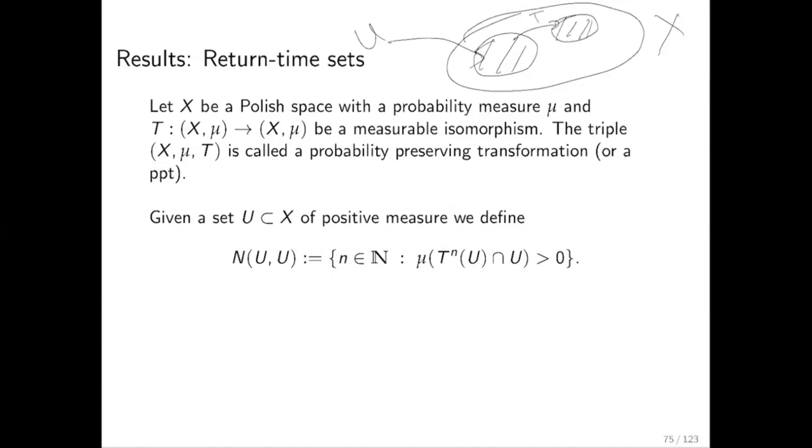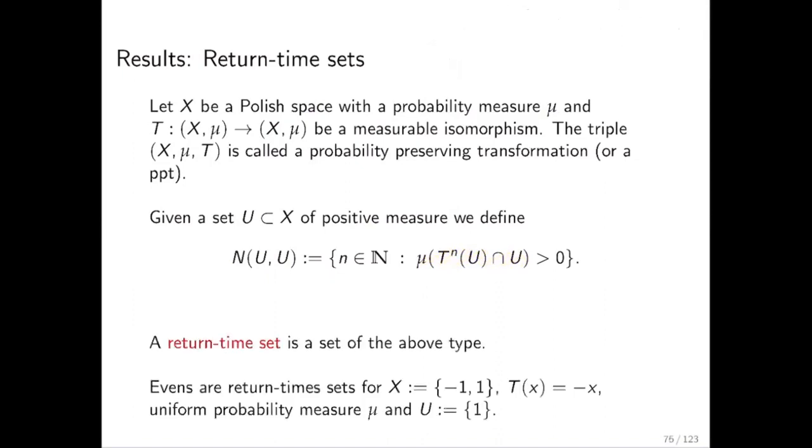This need not be invertible, but let's assume it's invertible. And I keep on moving this, and I ask for the times when I land on this set. When do I intersect the set? That's precisely what a return time set is. So return time sets are sets where you return, for some probability preserving transformation.